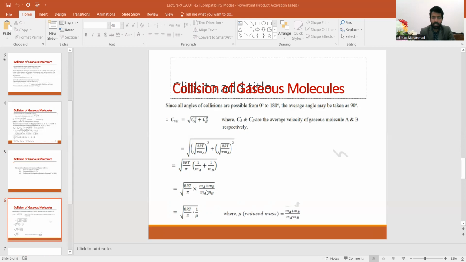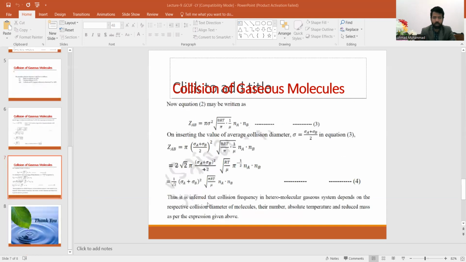Then we can take the LCM, which gives Ma plus Mb over MaMb, which is the equation of reduced mass. Then we can write 1 over mu for that term, and the other portion left is the square root of 8RT over pi. So the equation becomes, the collision frequency of ZAB is equal to pi sigma square, square root of 8RT over pi times 1 over mu, NaNb.